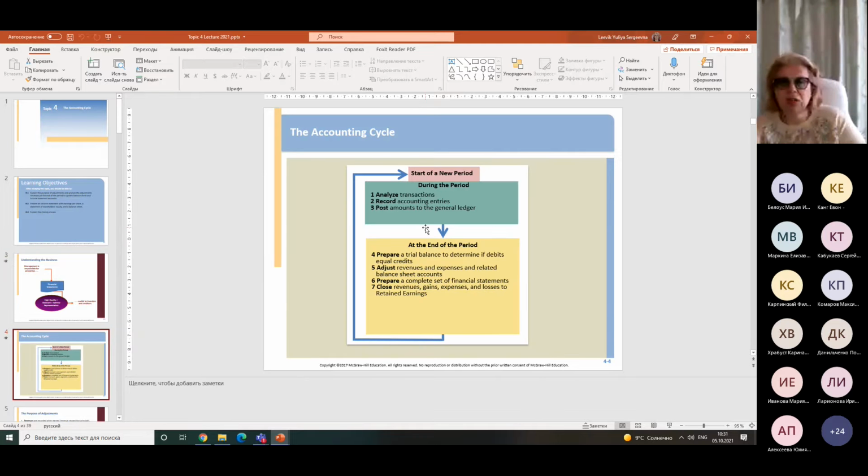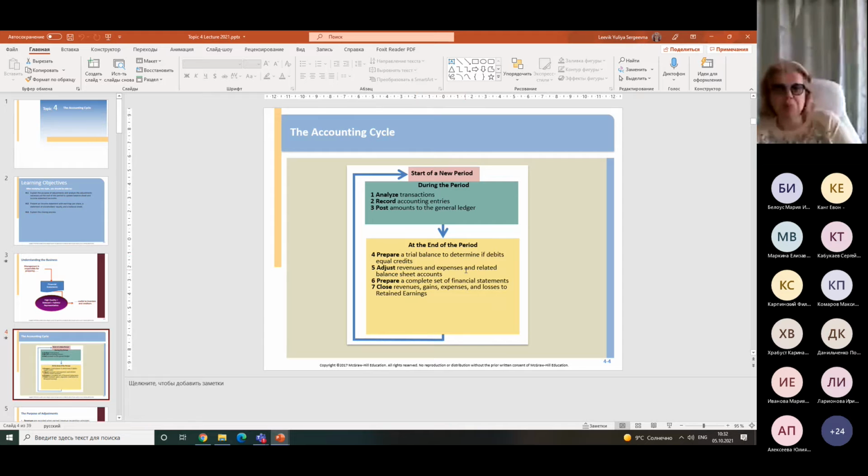So we can consider the accounting cycle from the time criteria. So just what is going on during the accounting period and what is going on at the end of the accounting period. During the period, accountants analyze transactions, make records, post amounts to the software or other accounting documents.